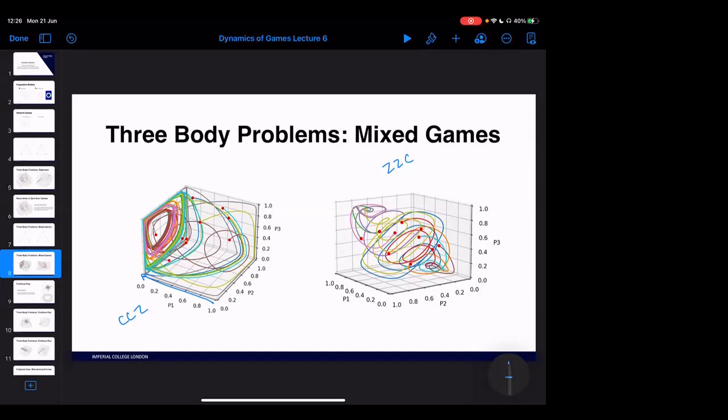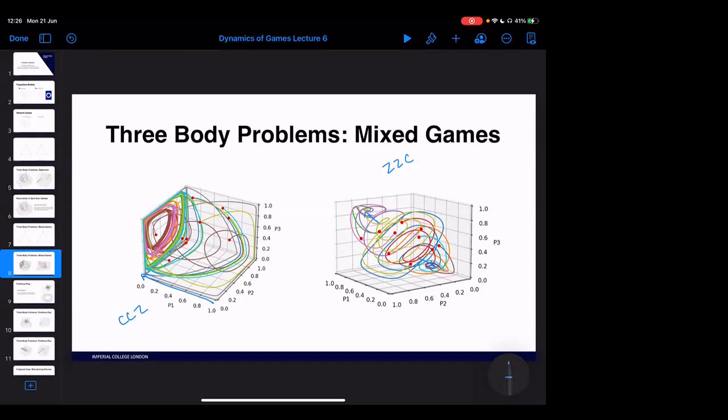And the same thing happens when you use a ZZC game, where the recurrent behavior remains for the most part, but there is an element that's trying to push the system towards a corner convergence.